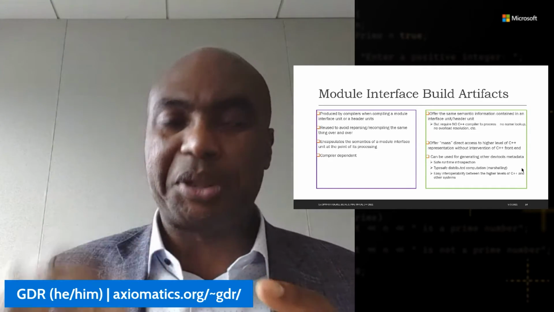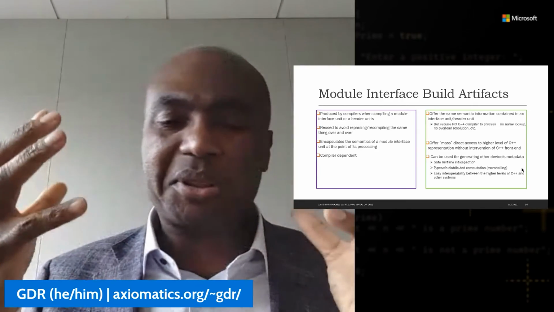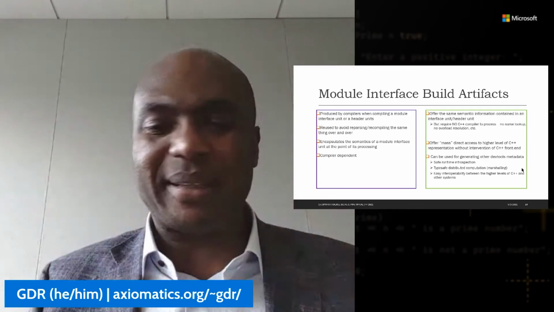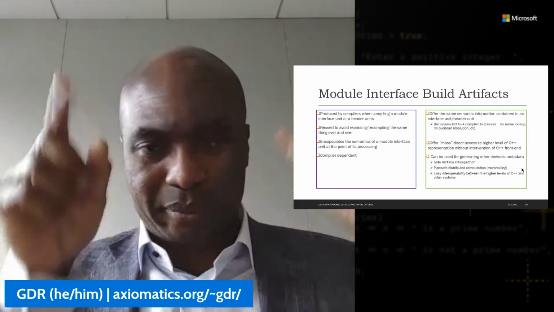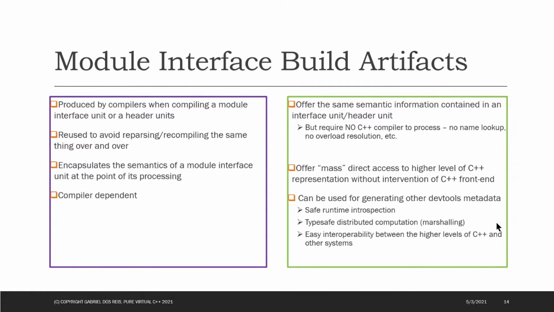So when a compiler is compiling your interface, it will produce a complete semantic representation of your input source code, turning characters into a rich semantic data structure. And every time you import a module, it will reuse that representation. That is why using modules is so fast. You don't have to do the same work over and over. Just once. The reuse of the semantic representation, right?